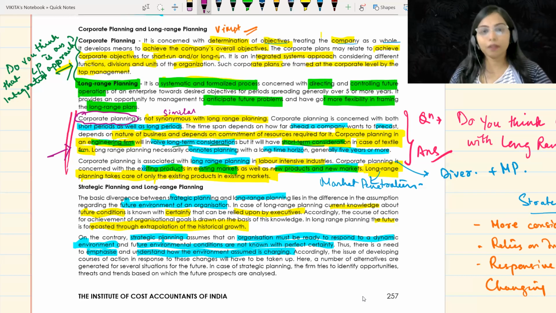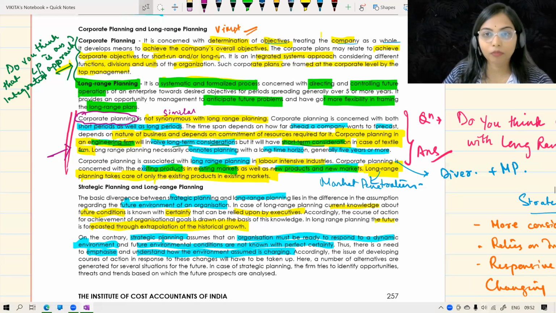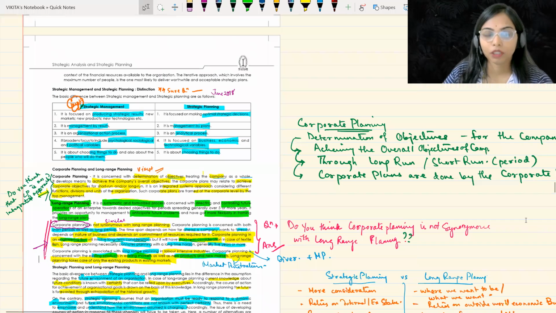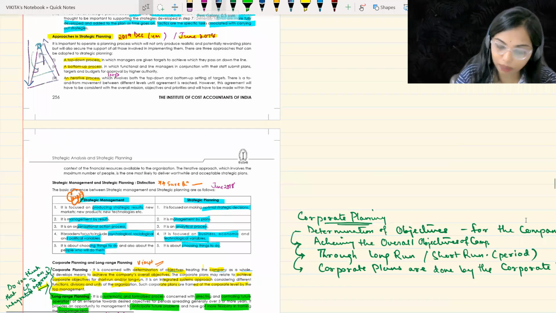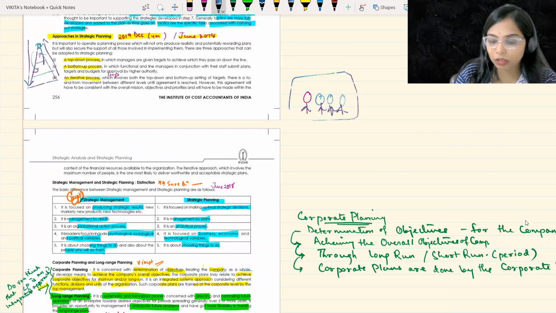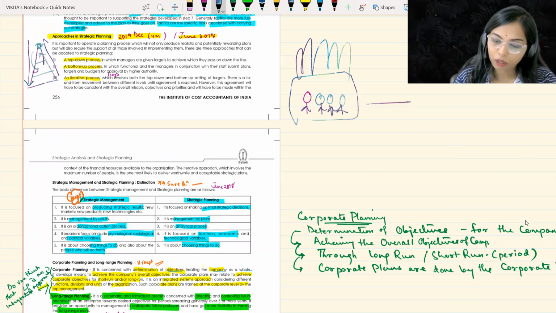See, if it is an engineering firm, what happens? These are people who are working in this engineering unit. Now say they are working in Tata Steel.